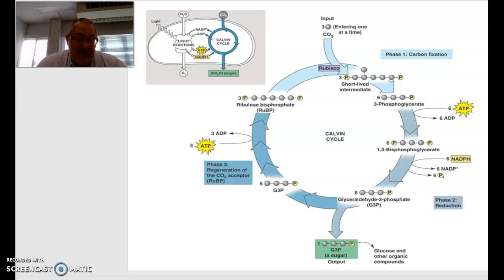With every 6 turns of this cycle, a 6 carbon carbohydrate can be released, and we typically call it glucose. Usually glucose is converted into sucrose for transport, table sugar, and then sucrose is converted into starch for storage once it is moved to where the plant is going to store it.